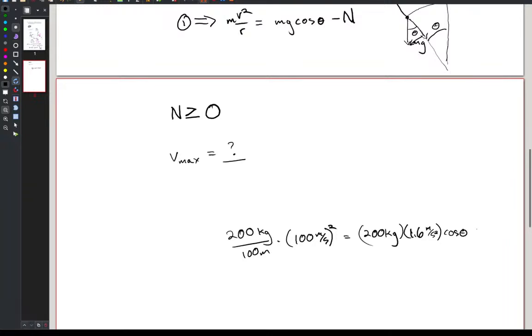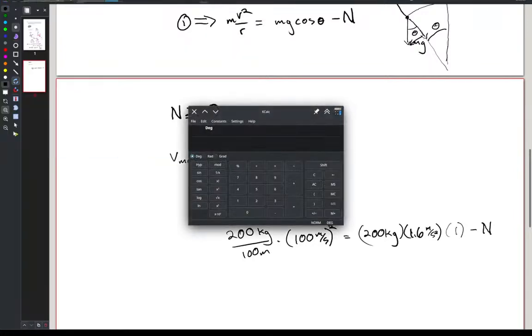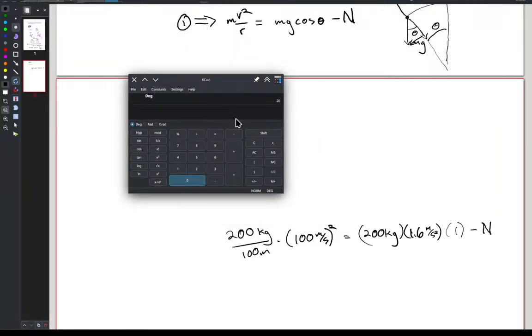And theta, it can be anything. We'll call it 1 at the top of the hill, right? So 2 over 1, so 2 times 100 squared minus 200 times 1.6.